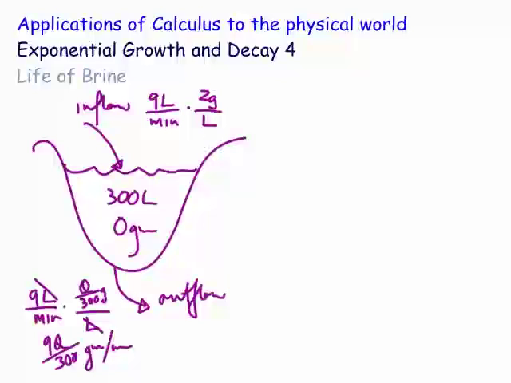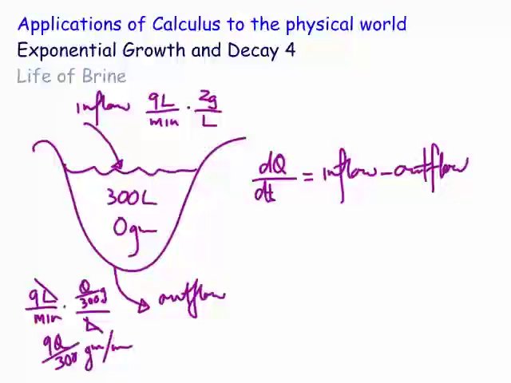So how do we set these up? The usual way I normally set them up is you set up a flow: the rate of change of the amount of salt, dQ/dt, is equal to inflow minus outflow. We'll do the other technique, the steady state technique, shortly as well.